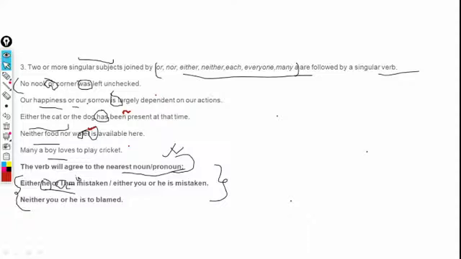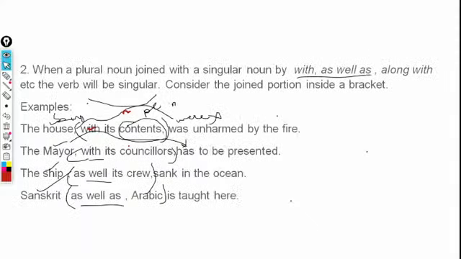The second point was we studied that when we have words like with, as well as joining a plural noun with a singular noun, we will consider the verb as singular, and we will temporarily draw a bracket around that portion that is connected by a comma.